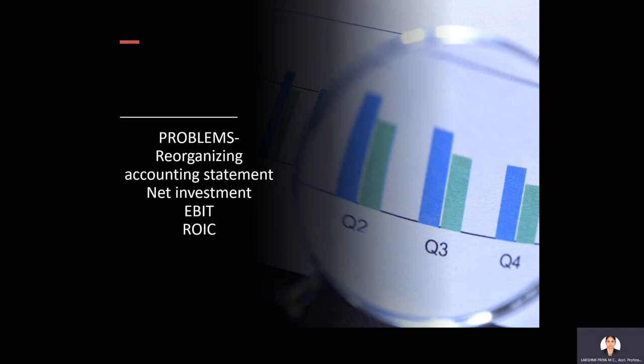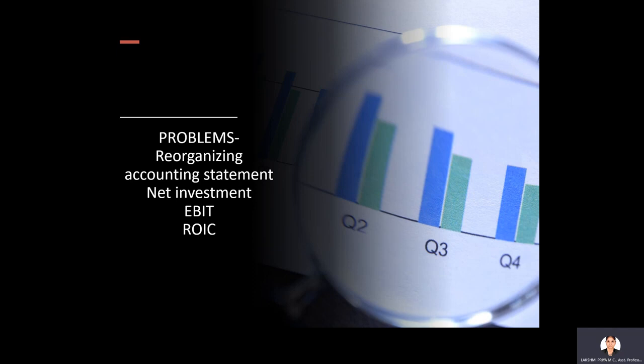Why? Because return on equity reflects operating performance as well as financial structure, and return on assets is internally inconsistent. Hence ROIC reflects the true operating performance of the firm.